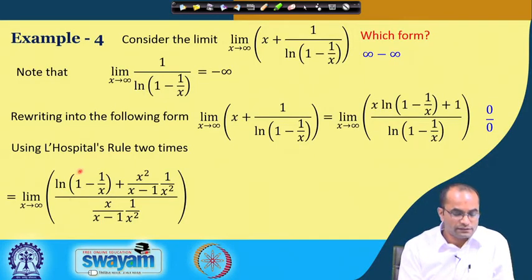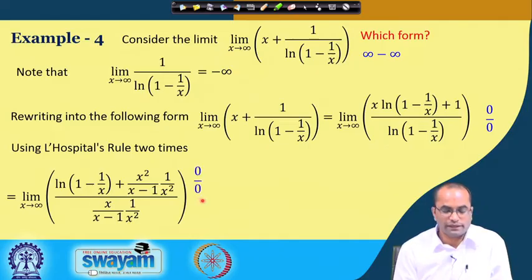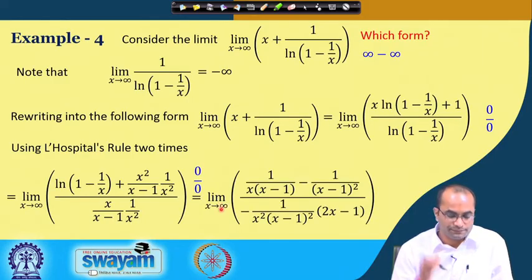So, in this case it is a 0 and then here it is again 0, similarly here also 0. So, we have again 0 by 0 form and we need to apply the L'Hopital rule to this expression once again. So, the derivative here is 1 over x minus 1 as done before.